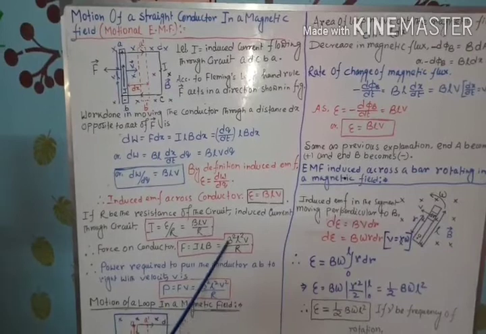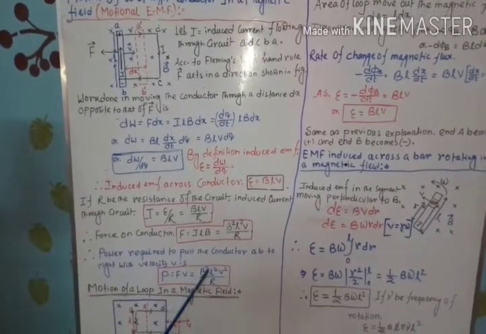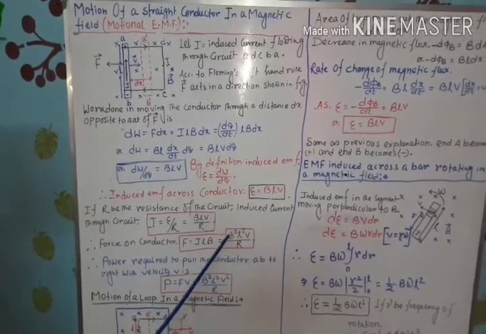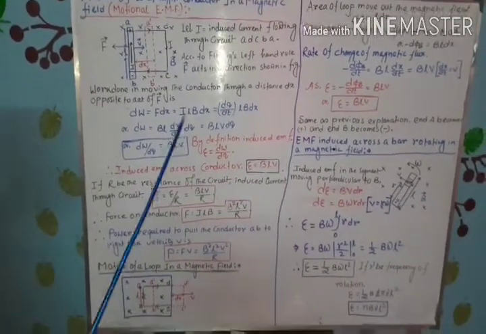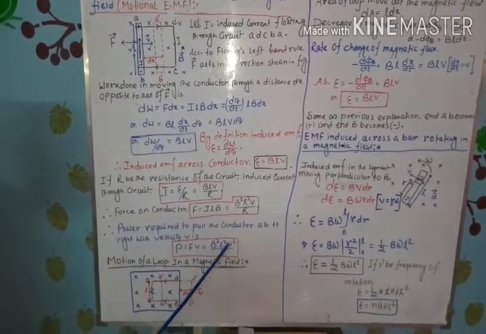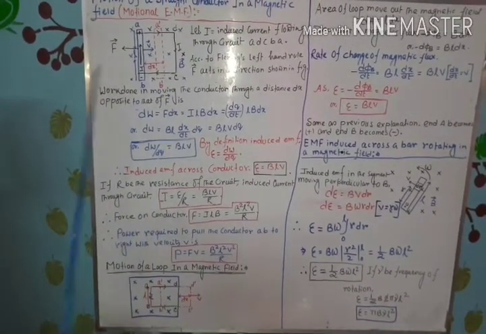So force is B squared L squared V by R multiplied by V, which means power equals B squared L squared V squared by R. Now student, the formulas for induced EMF, current, force and power, all these four formulas are very important for your numerical problems.